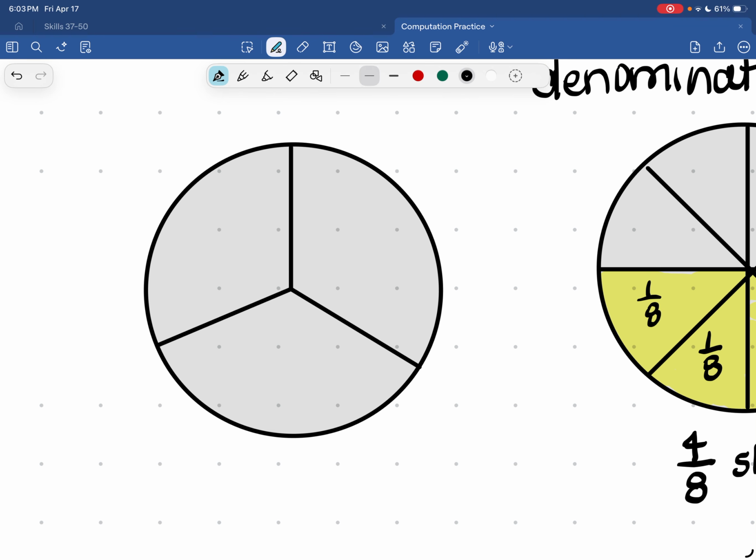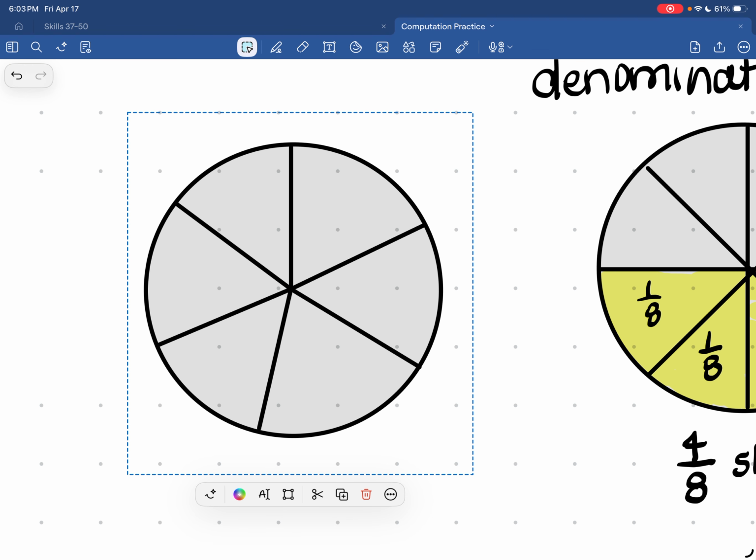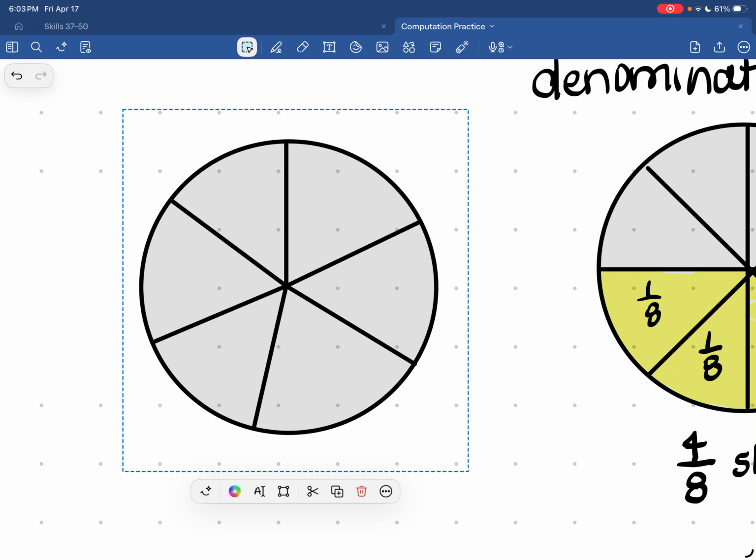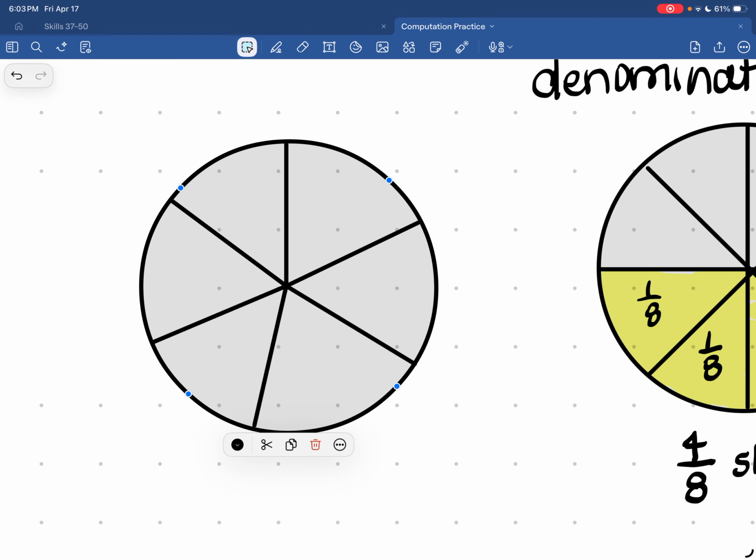Then I want you to do a cut there, a cut there, and a cut here. And pretend those are all the same size. I'm actually going to try to rotate this if it will let me. No, it won't. Okay.